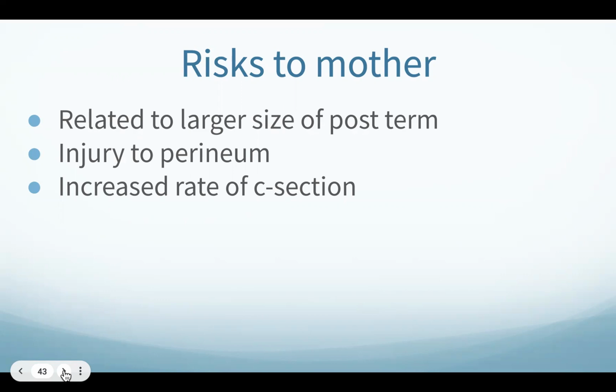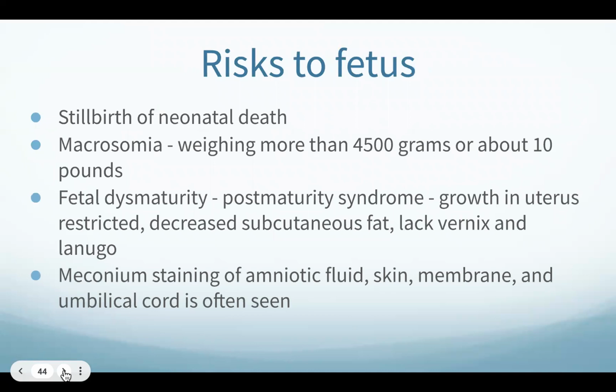Usually these post-term babies are larger than gestational age, and it increases the risk of C-section. Risk to the baby: I already told you it's going to increase the risk for stillbirth. The babies are going to be larger. They're going to have what's known as post-maturity syndrome. So basically, they've kind of outlived their stay, and all that was there supporting them is going to start decreasing.